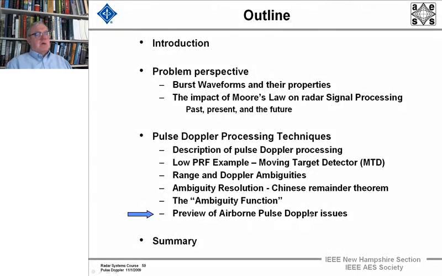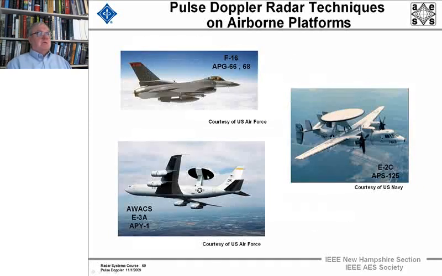And lastly, what I'd like to do is give you a preview of the next lecture, which is going to be about how we apply pulse Doppler waveforms to airborne radar issues which are unique. And here are some platforms on which you use pulse Doppler techniques. It'd be the radar in the nose of a fighter.